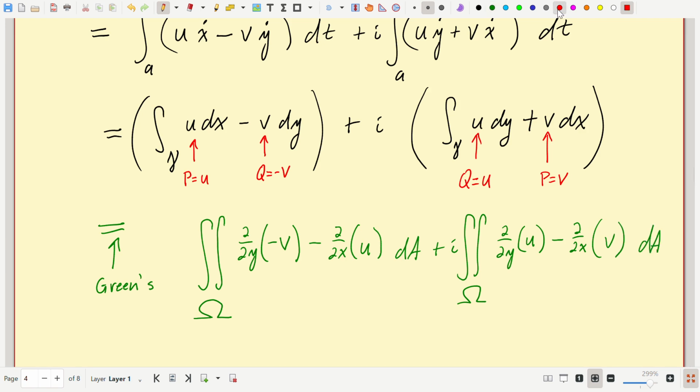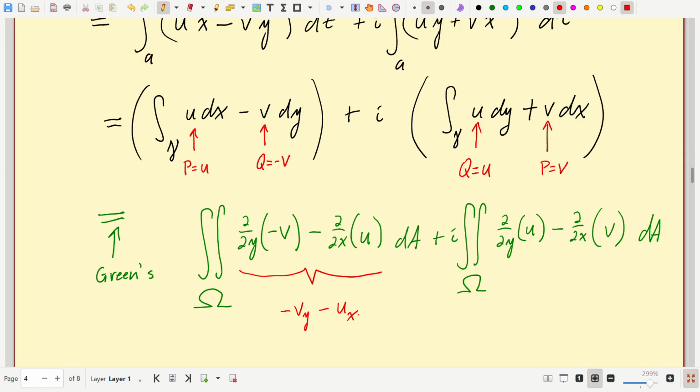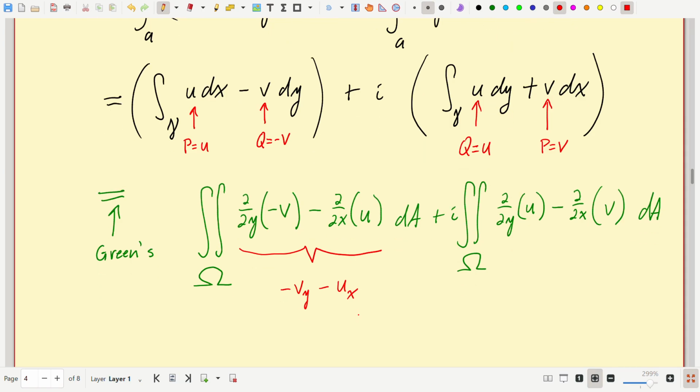And sure enough, I see the Cauchy-Riemann equations. What is this? I get minus dv dy minus du dx. Du dx is equal to dv dy. What?